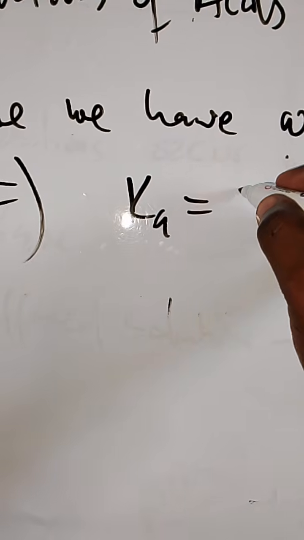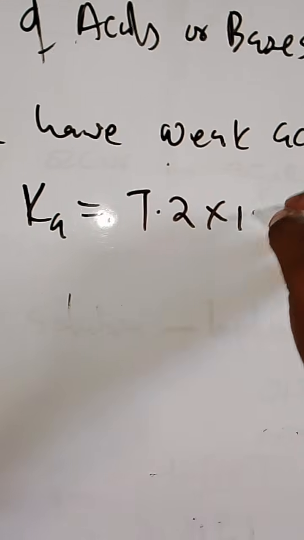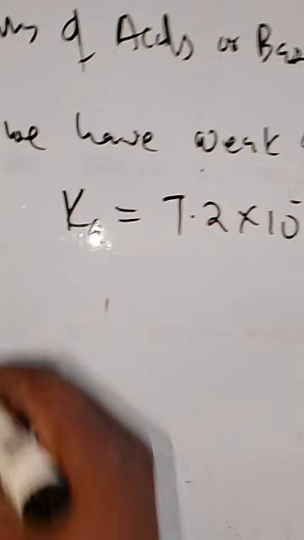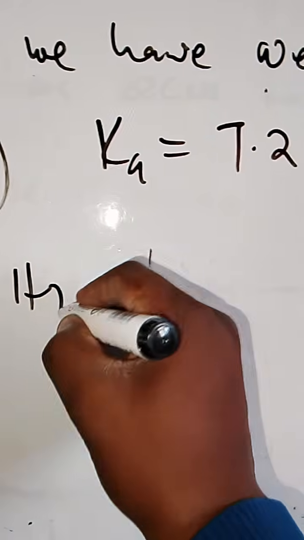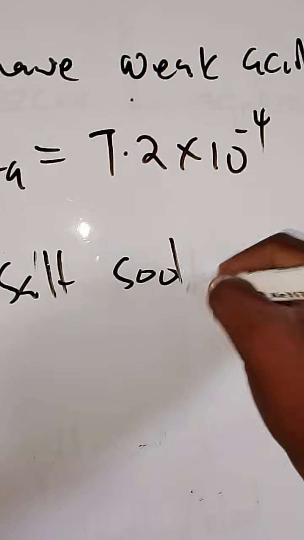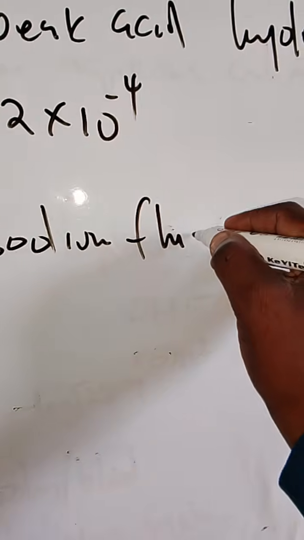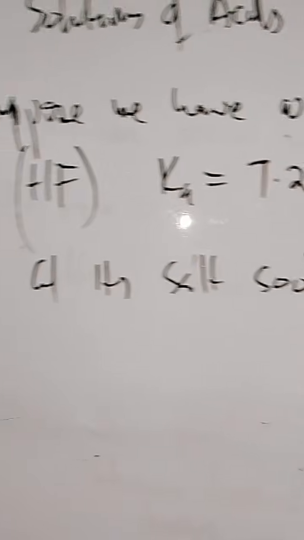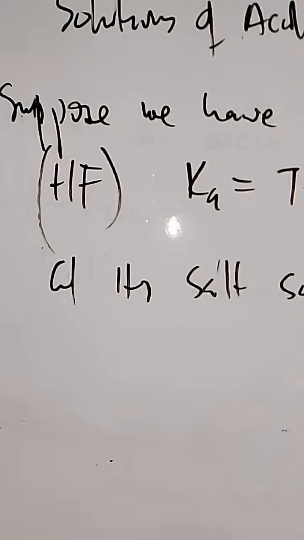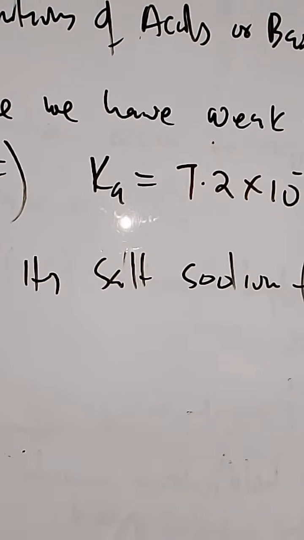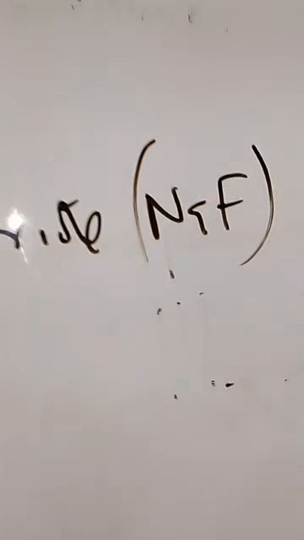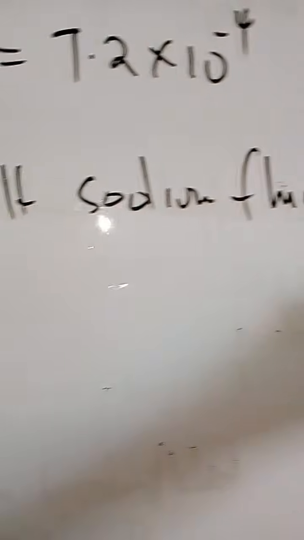So this is hydrofluoric acid, which has Ka of 7.2 times 10 to the power negative 4. Okay, and its salt, sodium fluoride. Okay, so we have the weak acid HF and its salt, sodium fluoride. Okay, so this salt is a strong electrolyte.